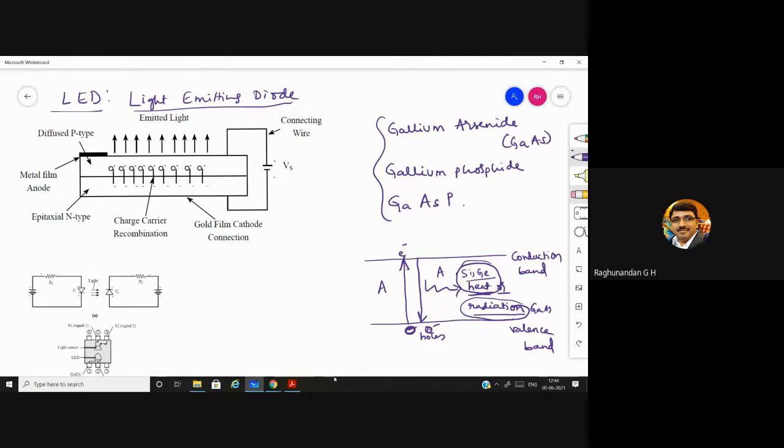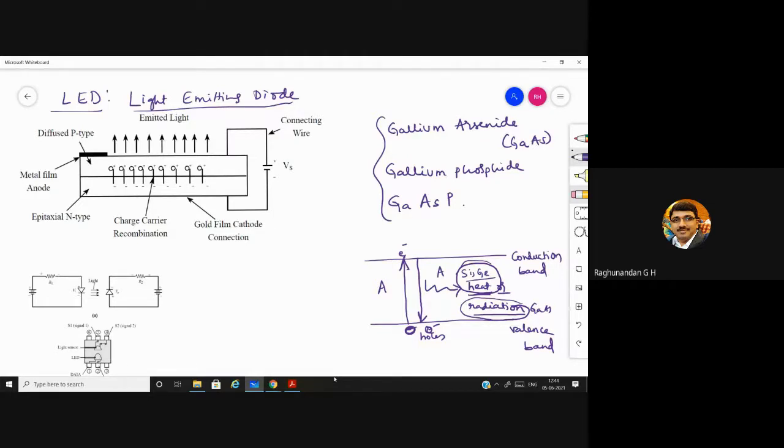The P layer will have a metallic film which acts as an anode, and for the N layer, a gold film will be coated.